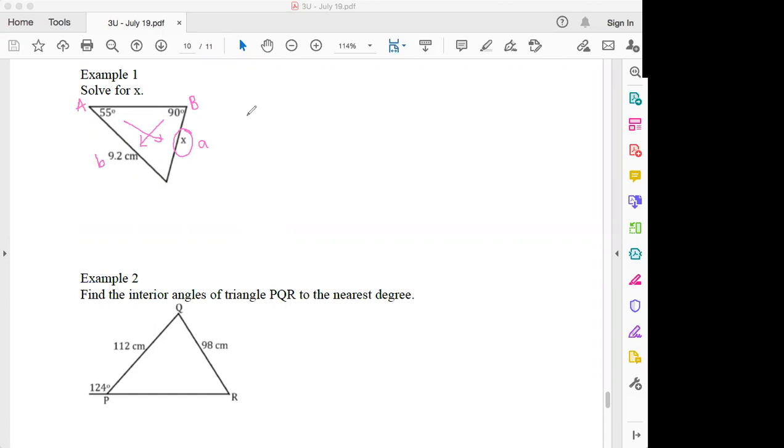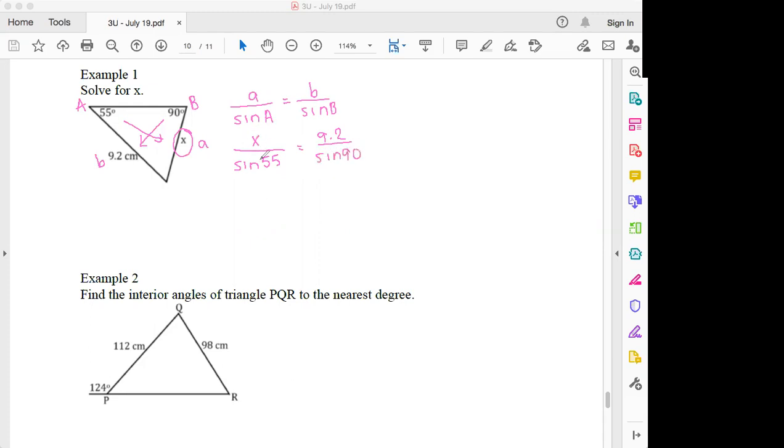We're looking for a, so we're going to use this version of the equation. We substitute our A because we know it's 55, our small b with 9.2, and our big B with 90. So this is x over sine of 55 equals 9.2 over sine of 90.